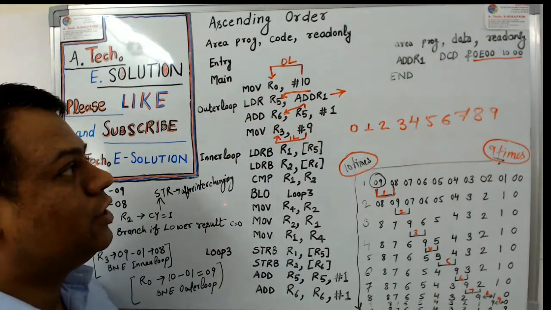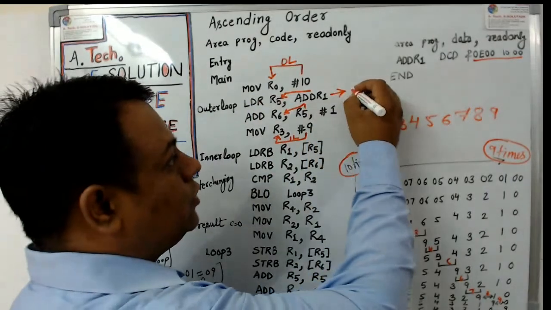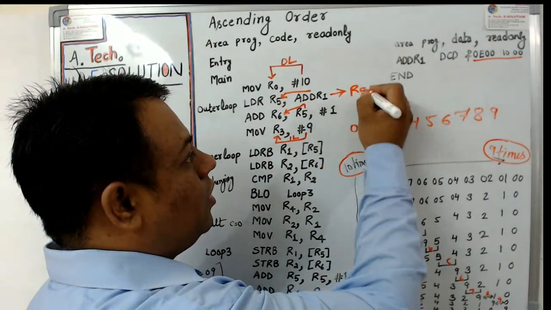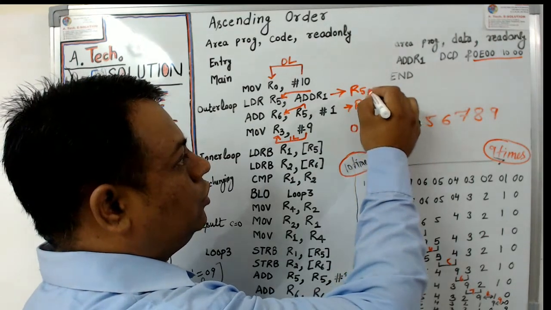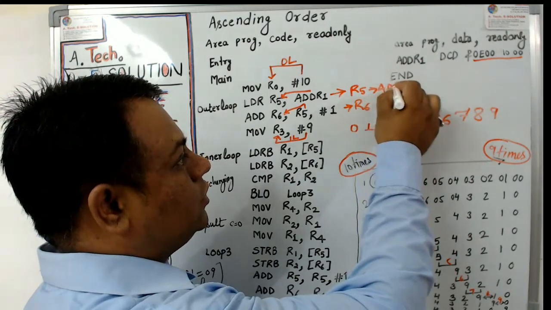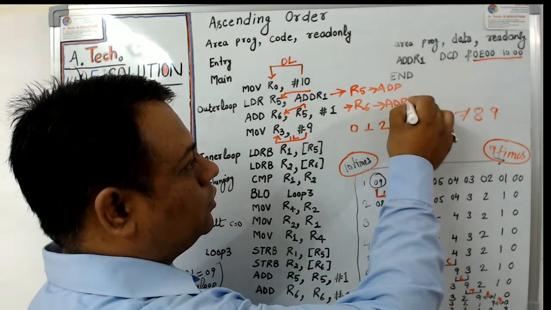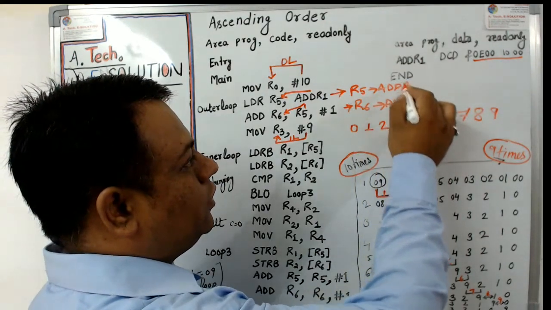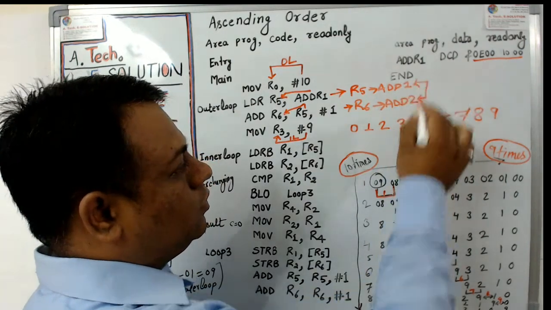We have initialized the first address R5, so the first address is R5 and the second address is R6. These two are the addresses of those numbers. This is the first address, this is the second address of intercomparison.